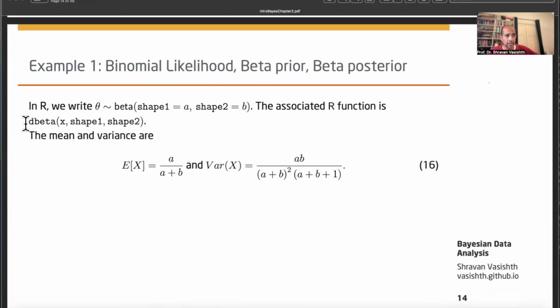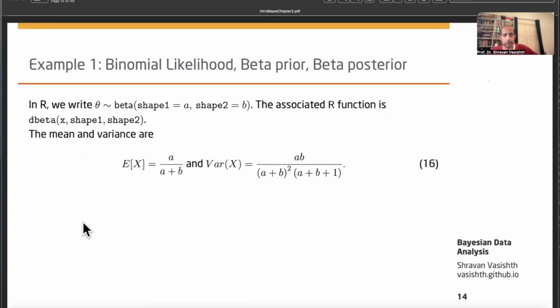So for example, we have dbeta that allows us to draw the probability density function to plot it. And there, instead of writing A and B, R uses shape1 and shape2 for reasons unknown. So it's just a different term that they use for A and B. Whenever you see shape1, that represents the parameter A, and shape2 represents the parameter B, for the prior distribution on theta.